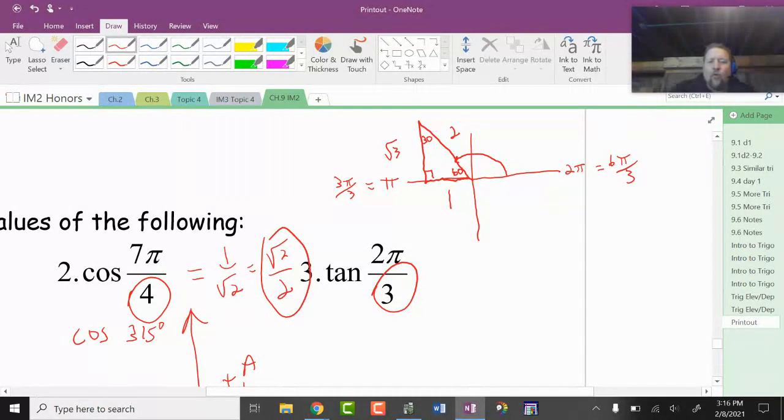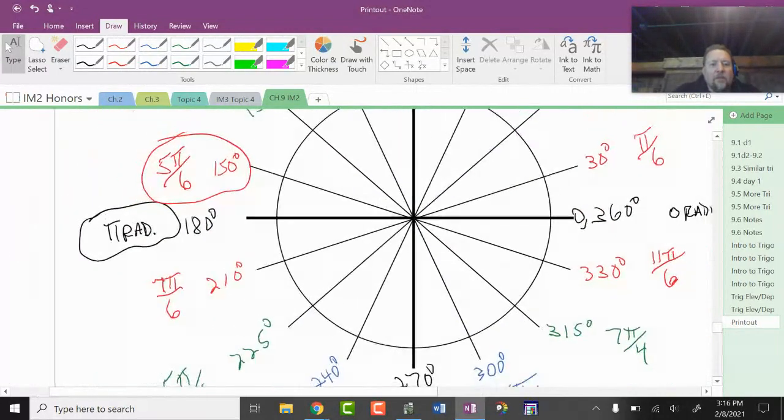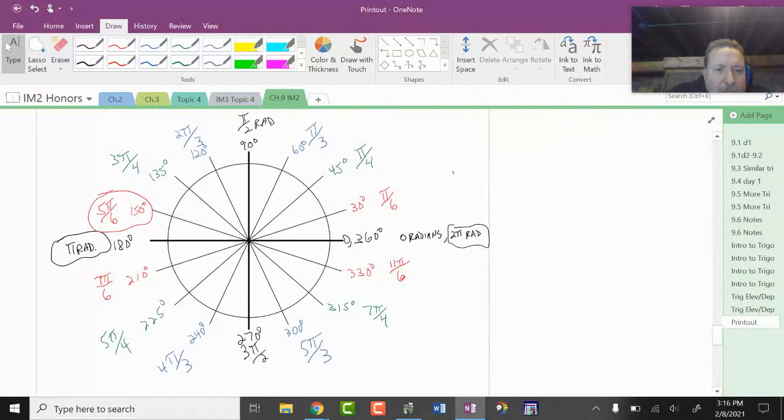Okay, but then again, whoa, you went too fast. 60? How'd you know it was a 60? Well, this will take time, but over 3s, look at the blues. When I converted those, and I only converted this one, I multiplied this by pi over 180. That became 60 pi over 180, and then that reduces to 1 over 3 pi. The same thing would happen with 120 times pi over 180.